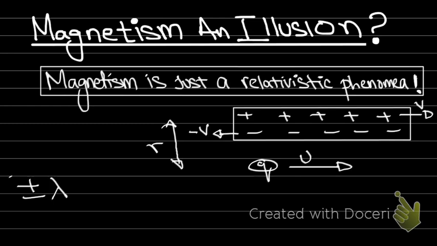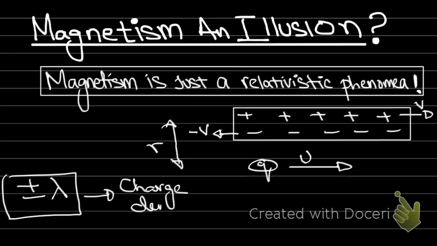So this is the charge density. The positive charges will obviously carry positive lambda charge density, and negative charges will have negative lambda charge density. Now let's see what would be the electrical force in this particular scenario.